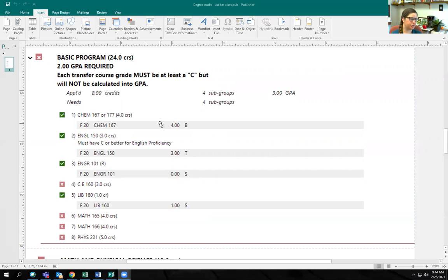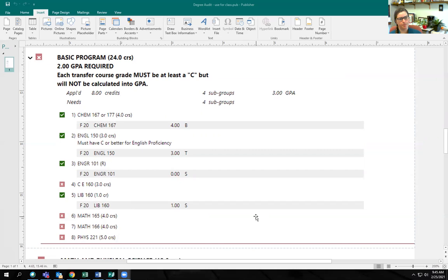So we've got chemistry, we have English 150, we have engineering orientation, we have CE 160, or if you started somewhere else, you might have engineering 160 or ME 160. It's just that engineering problem solving course is pretty similar across the college. We have our library course, and then we have Calc, Calc 2, and physics.